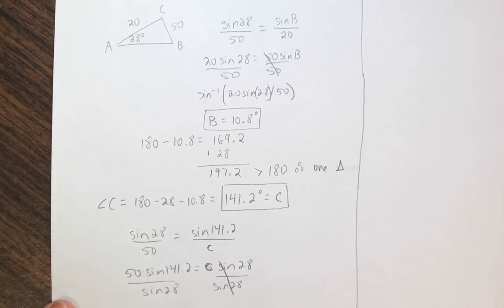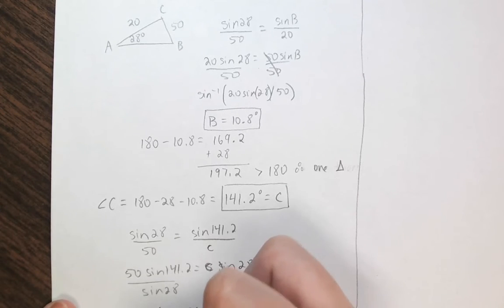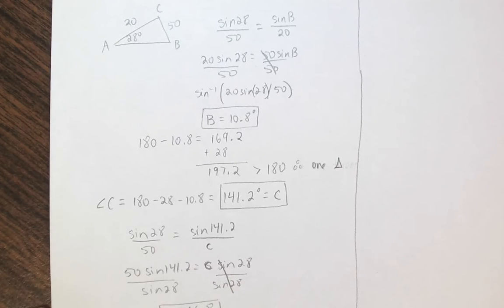If you type that in, you should get C is equal to 66.8 to the nearest tenth. So now we have solved everything on that triangle.